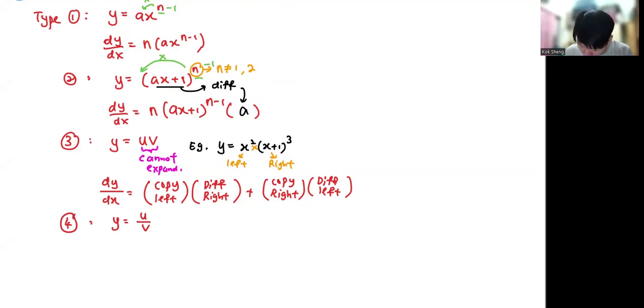So the example looks like this. Yes, divide. Both up and down also got x. And even though you bring it up, you are still going to expand.